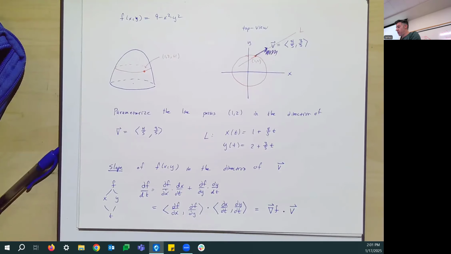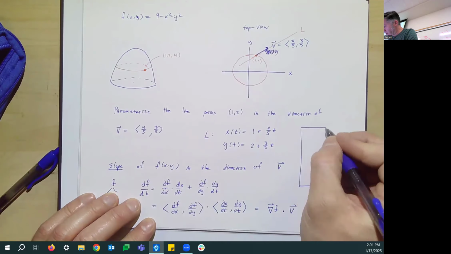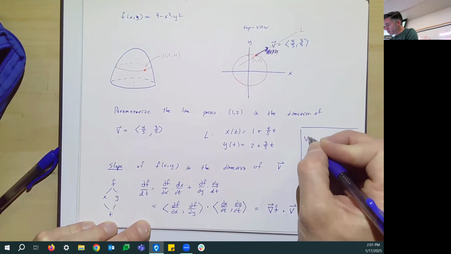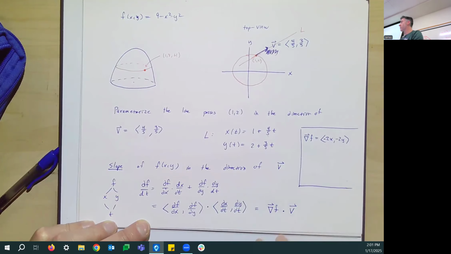So in this example, I know it's 2 o'clock. I'll wrap it up here real quick. I'll point out here that in this example, my gradient of f would be the vector negative 2x comma negative 2y. And at the particular point of interest, which is the point 1 comma 2 comma 4, I'm plugging in 1 for x and 2 for y.